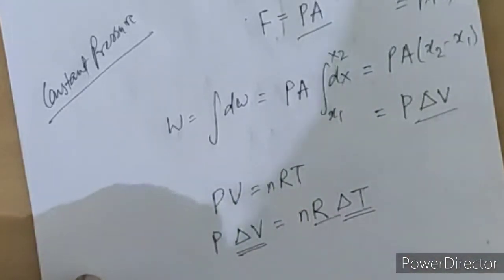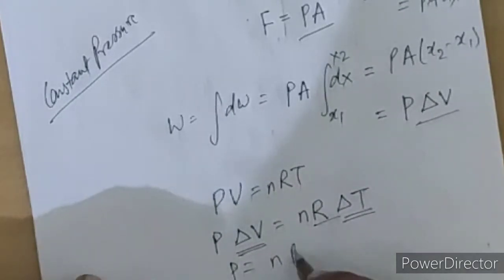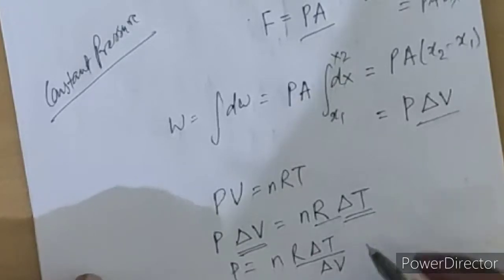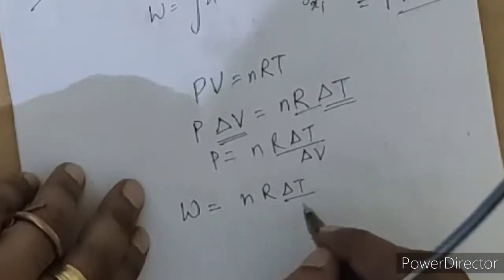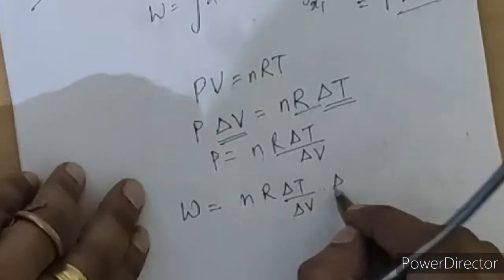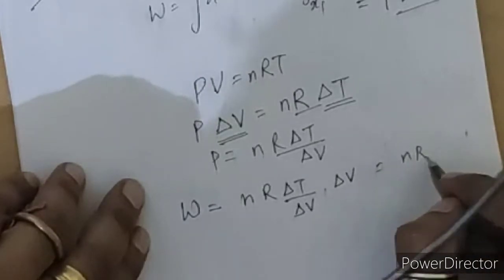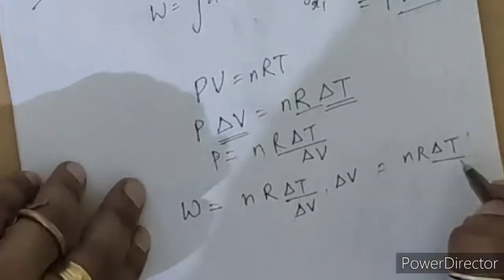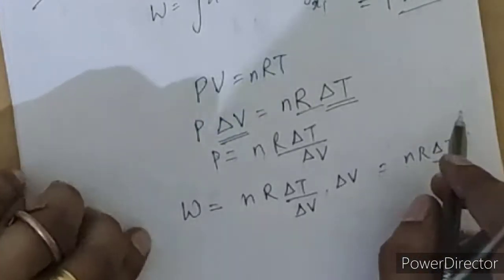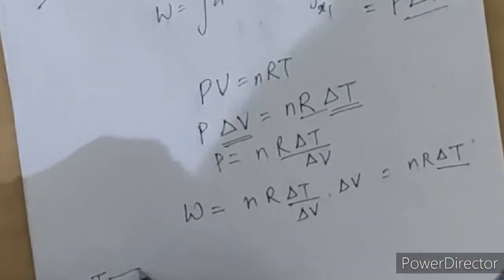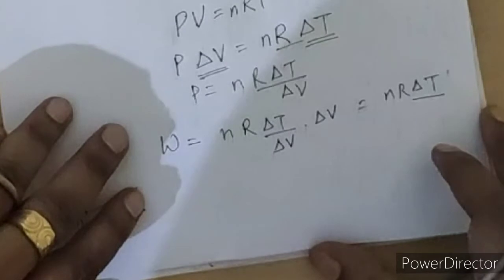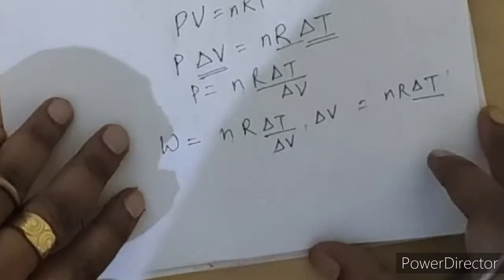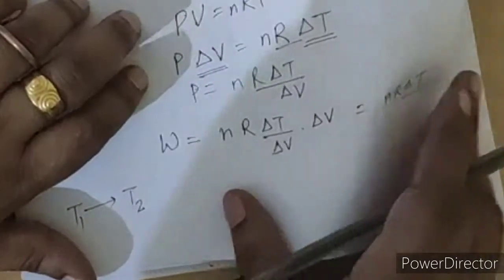So we can calculate this value nR delta T by delta V. We put this value here, and the work becomes nR delta T by delta V times delta V, so this becomes nR delta T. So this is the change in temperature of the gas. So if the change happens from T1 to T2 in the constant pressure case, you can calculate the work done. And say, so this is the constant pressure case.